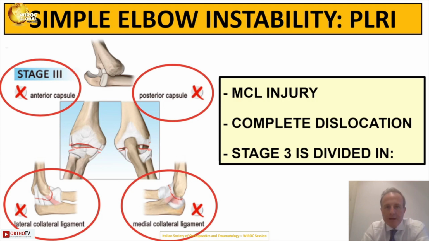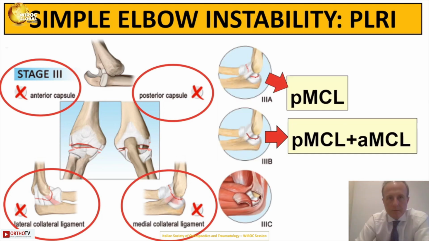Based on the increasing severity of the medial collateral ligament involvement, stage 3 is further divided in stage 3A, only the posterior portion of the MCL is involved, and stage 3B, the lesion involves the posterior and anterior band of the MCL, resulting in posterolateral and also varus valgus instability.